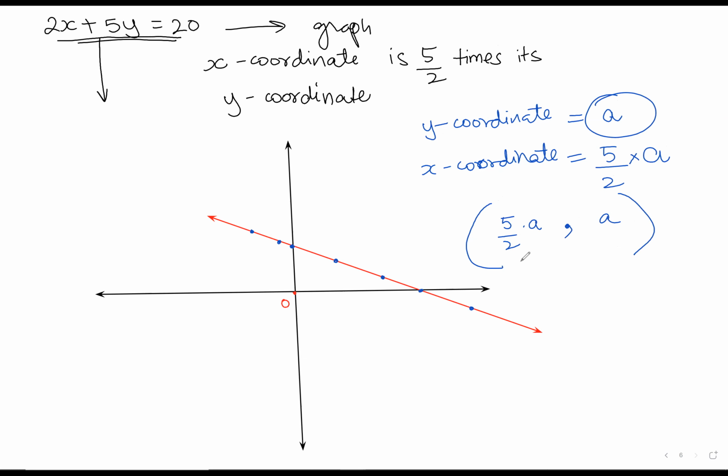Why? Because this is the x coordinate, this is the y coordinate. That is one of the points that lies on this line. Now we have to find out what exactly this point is. Now I've made things easier for you. Can you tell me how we can find out the exact value of this point?